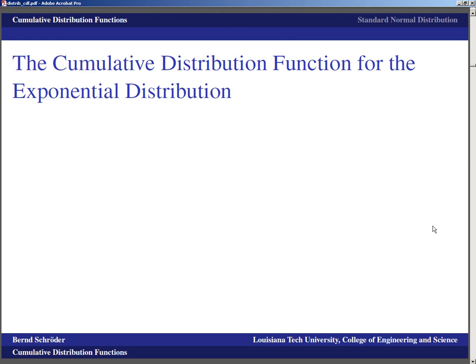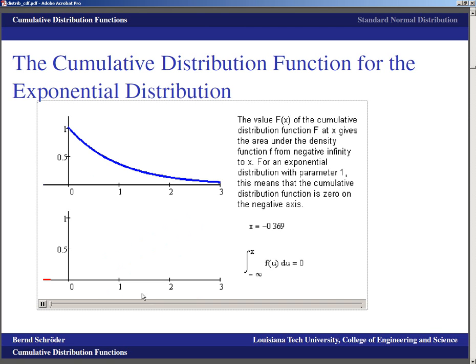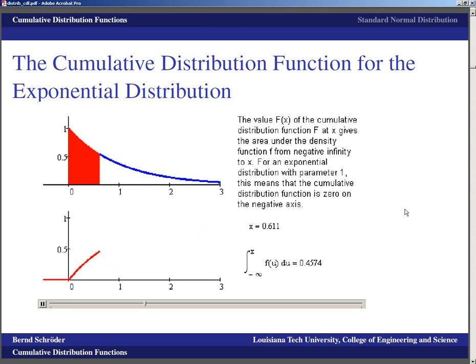Then we can also look at the exponential distribution, and again we can compute these integrals directly, but we can see that because the exponential distribution decays, the cumulative distribution function of the exponential distribution rises quickly at first and then ultimately is asymptotic to 1, like every distribution function actually will be.